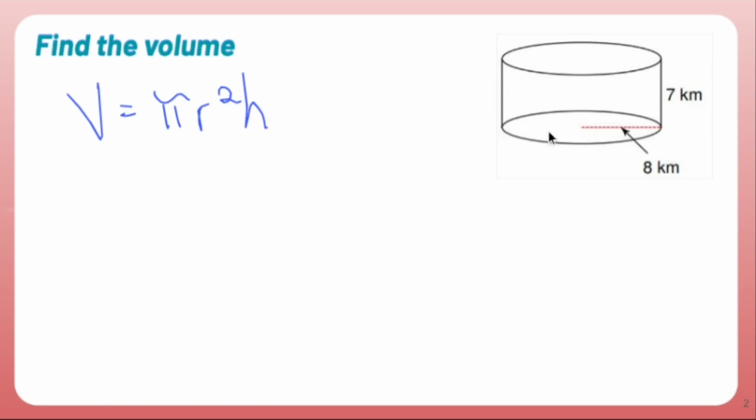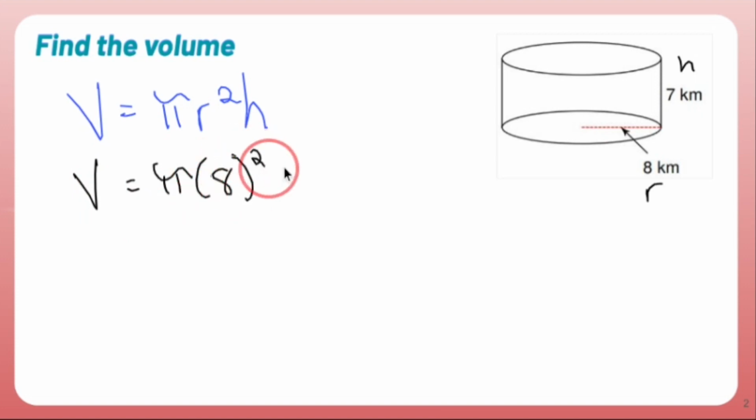If it was going all the way across the circle, it would be the diameter. But since it's from the center to the outside, 8 is the radius. Oh, happy day. 7 is also just the height. Oh, happy day for this one. So it's just a matter of typing into your calculator pi times 8 squared times 7.